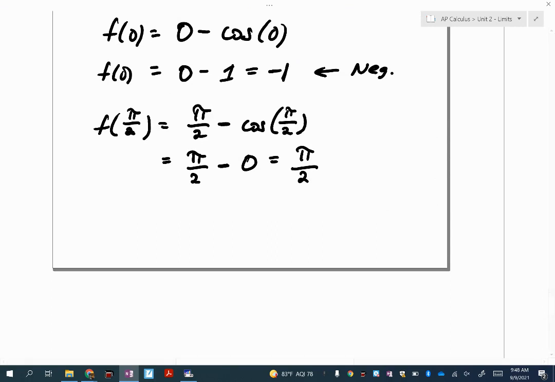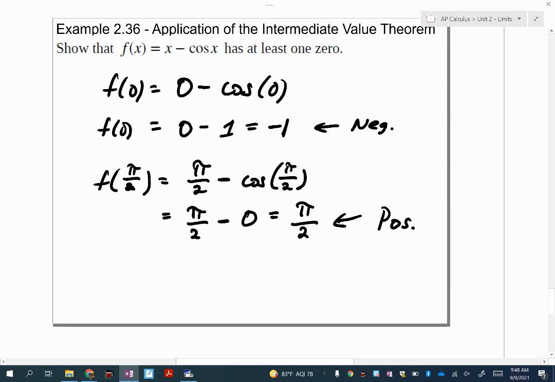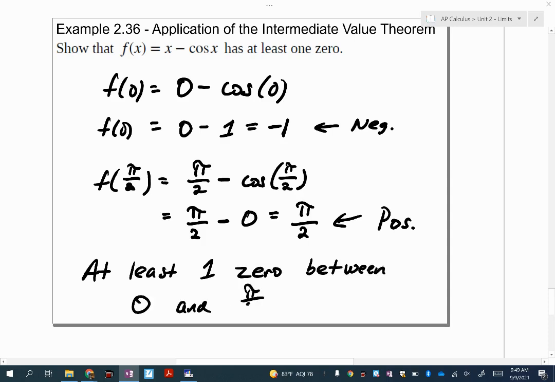But the key thing I care about is that this is a positive number. So there must be at least one 0 between 0 and pi over 2. So that's using the intermediate value theorem to prove there's at least one 0.